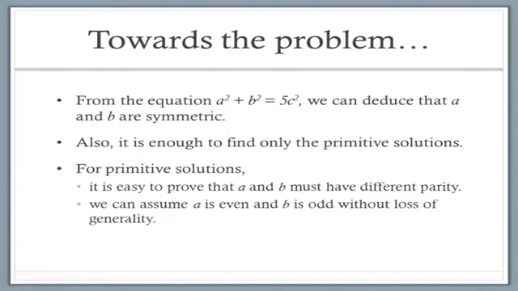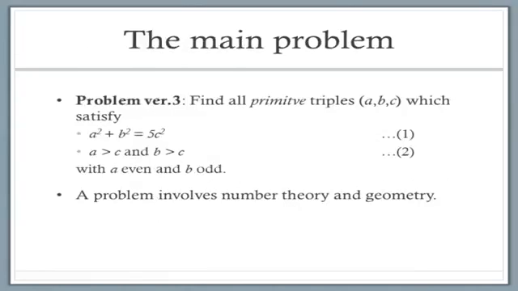And for primitive solutions, we can prove that a and b must have different parity. Therefore, in the coming project, we assume a is even and b is odd without loss of generality. Now we have our final problem, which is finding all primitive triples which satisfy the two constraints as said before, with a even and b odd.